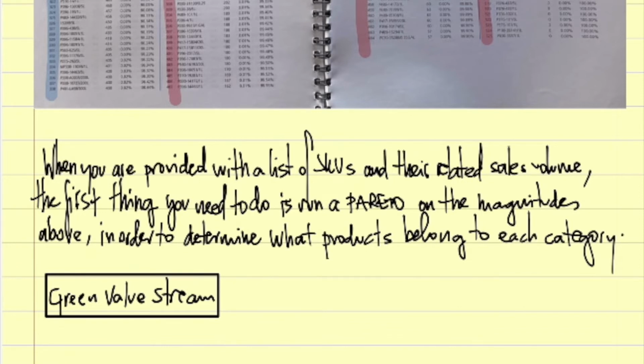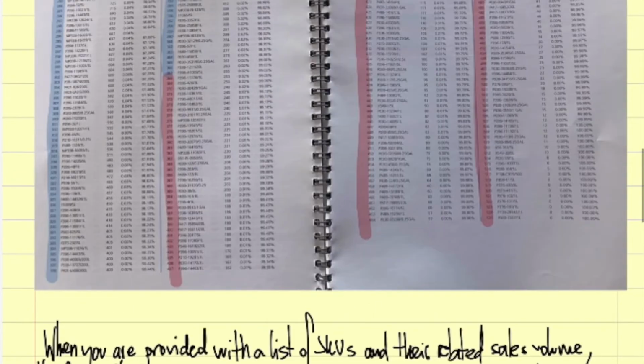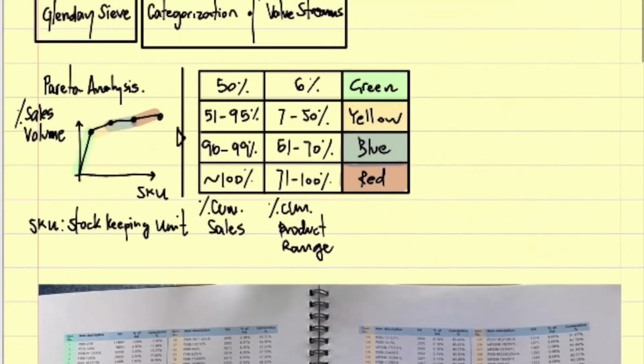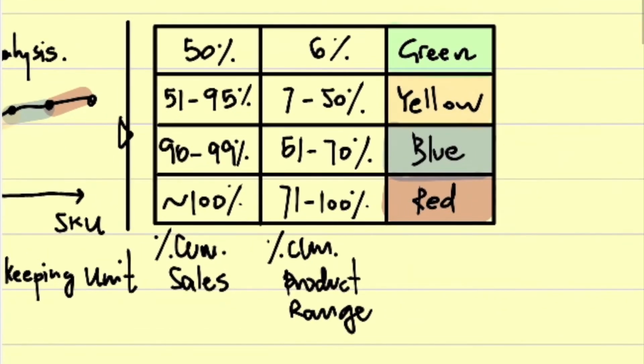Mal, ja? Das da? Ja, genau. Was ist? Kumulativ Sales. Nein. 50%, also die grünen Produkte sind 6% der Produkte, entsprechend 50% von unserem Umsatz.